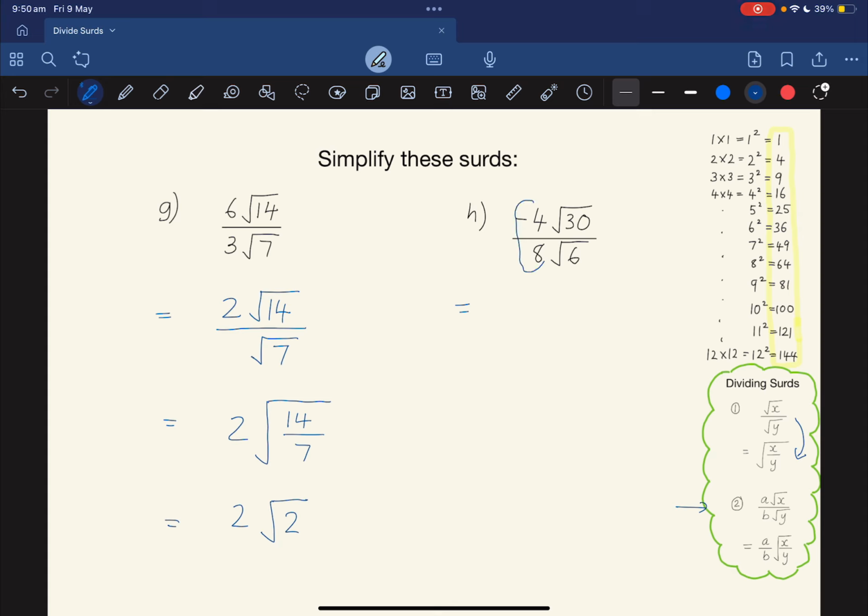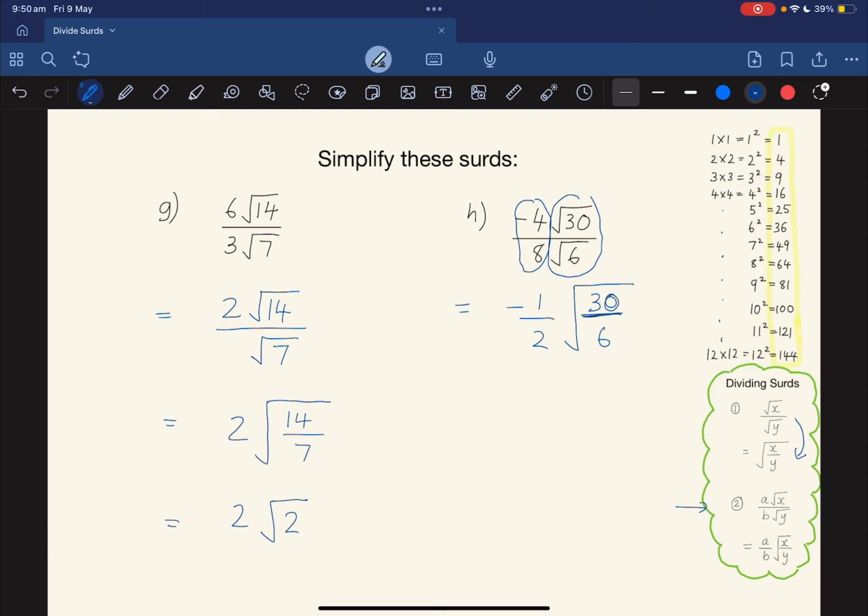Last question. Look at the numbers out the front. -4 on 8, 4 is a factor. So negative divided by positive is a negative, and 4/8 is a half. And you know what? Look at that. I am thinking they don't have any square factors under the square root sign, but we can rewrite them. 30/6.